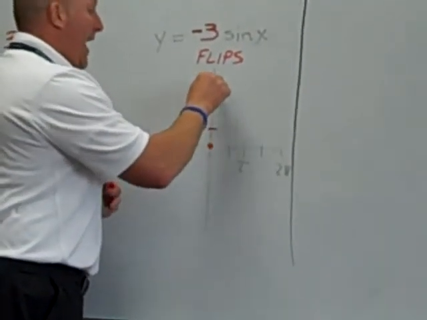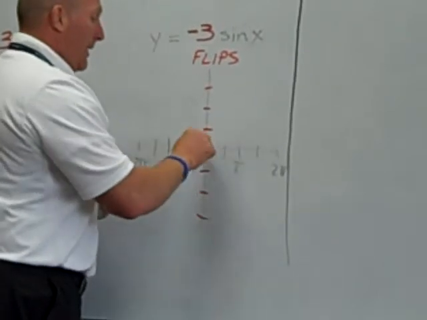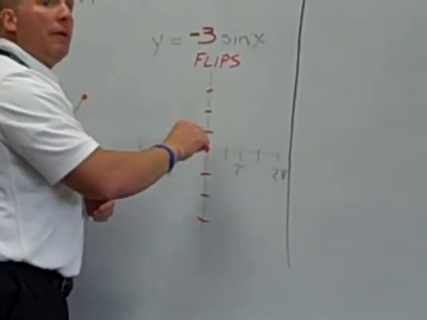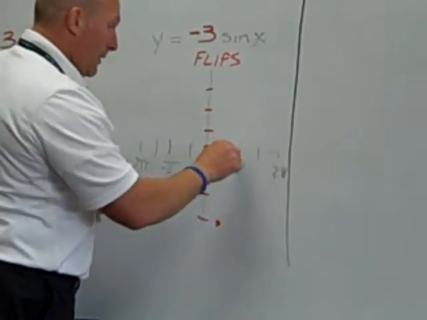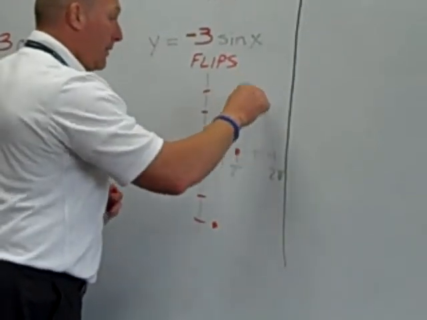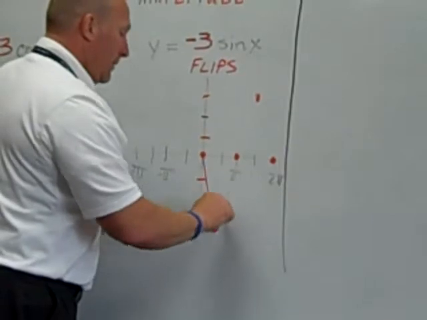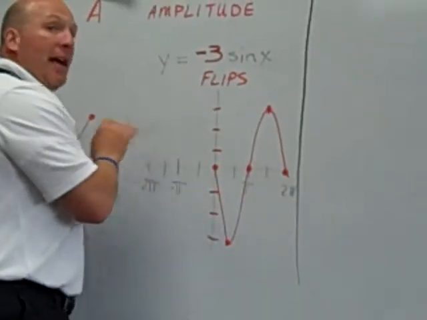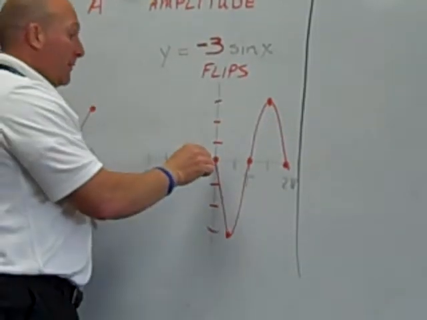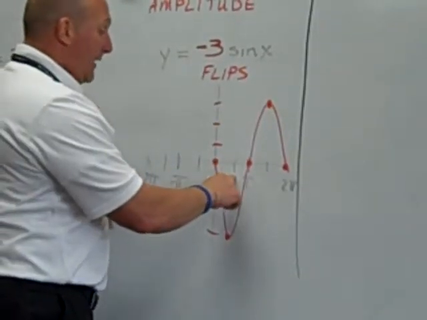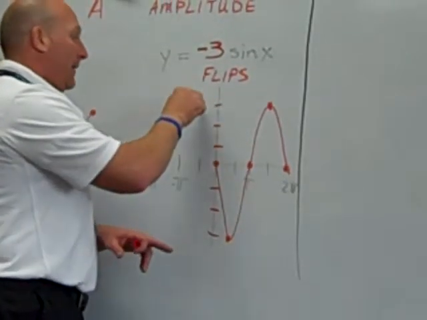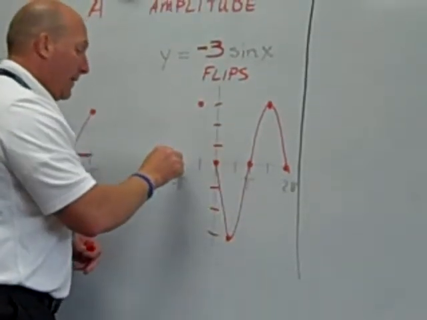We're going to go how high, how low? 3. But since it's negative, instead of going up to 3, we're going to go down to 3. Every other one is 0. Now, what's going to happen on the negative side? Flip them. So, at positive 90, it was negative 3. So at negative 90, it's going to be positive 3.